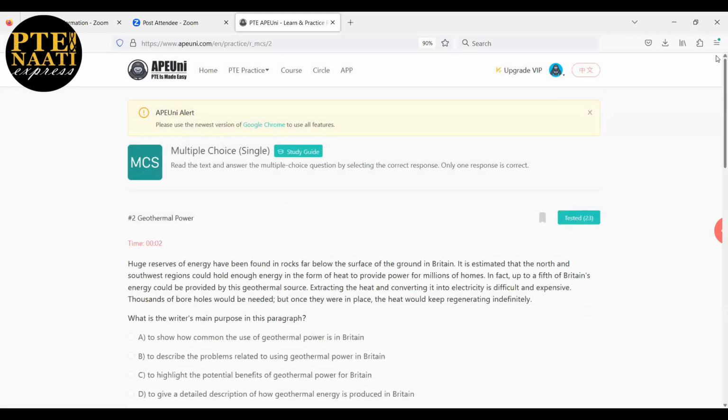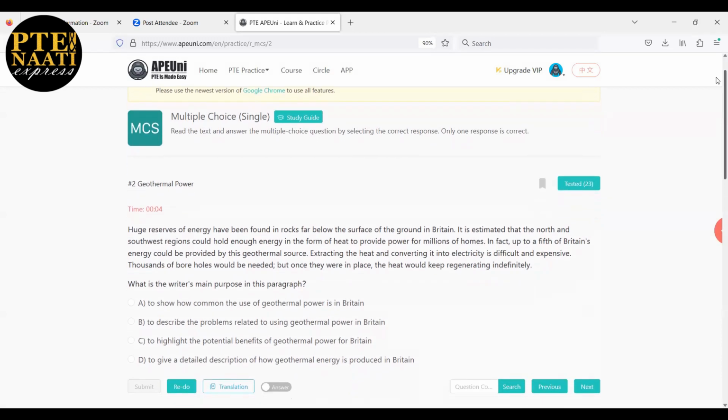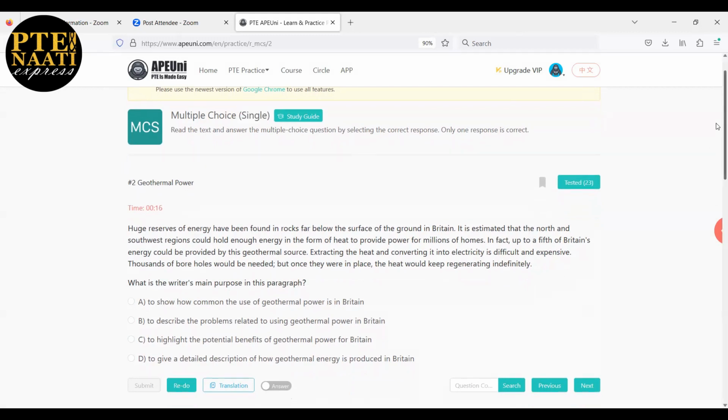Shall we do something? So keep in mind, the question title is multiple choice, single answer. So that means out of these 4, only 1 is correct. So try to do that.